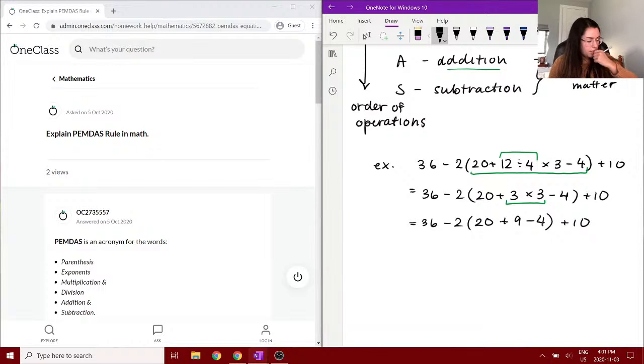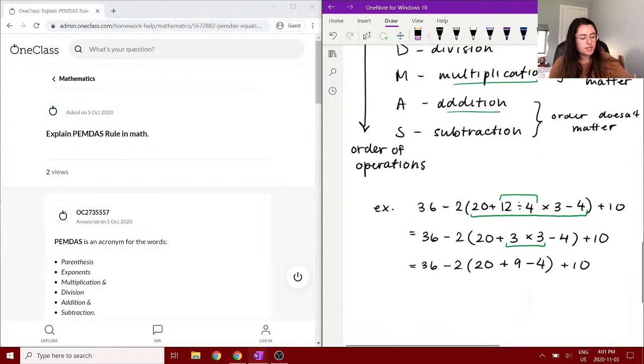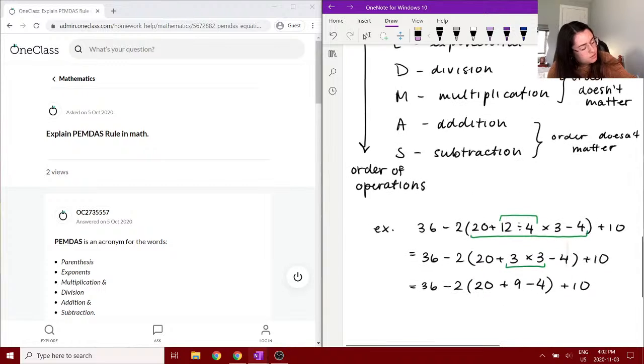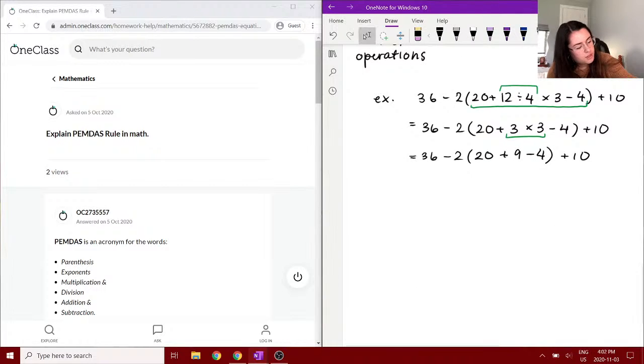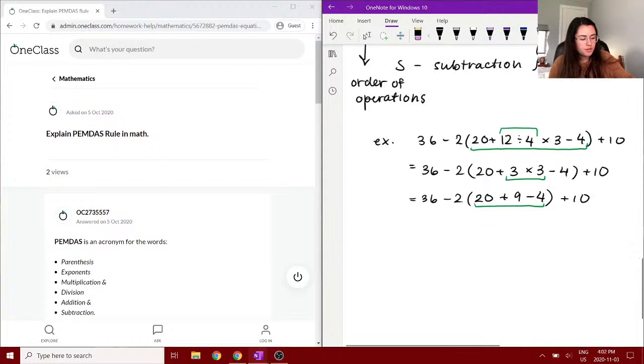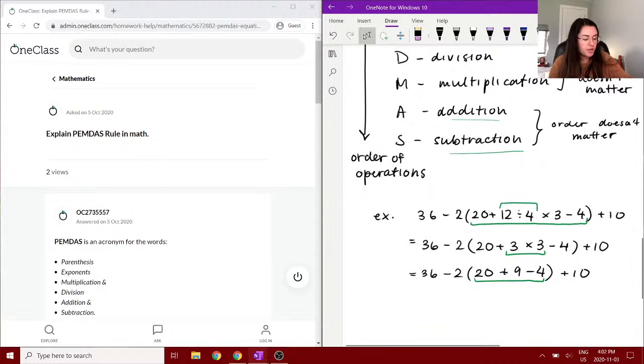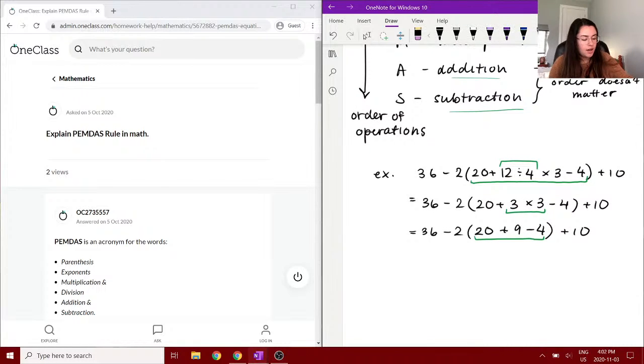Okay, so next we see, since we're still working inside the brackets, because that's top priority here, we're going to do the addition and subtraction inside the brackets. Like I said before, I keep scrolling back and forth, but addition and subtraction, the order doesn't matter, so that means that I can add 20 plus 9 and subtract 4 all at the same time.